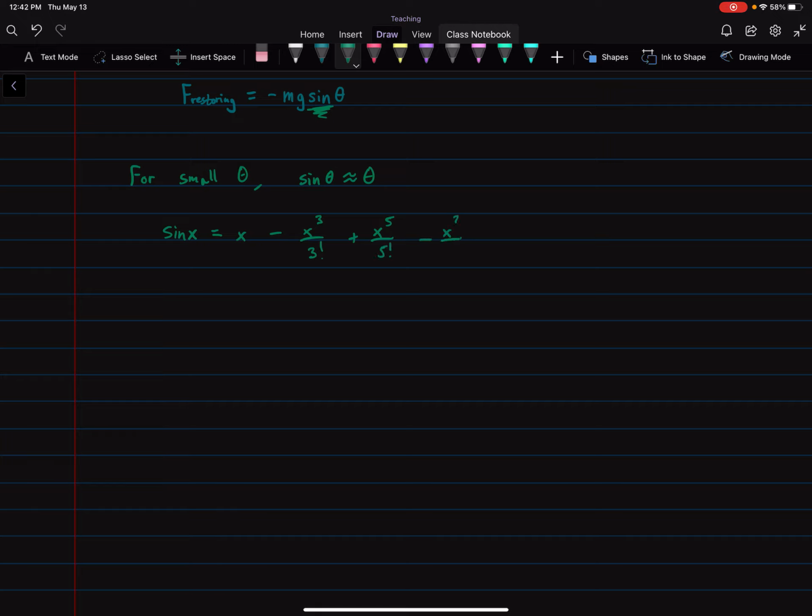So this means that for not very large x, the leading term of sine x is x in this expansion.